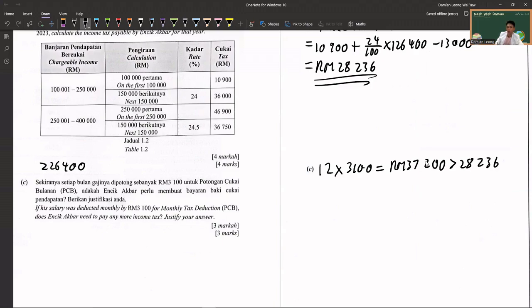So no need, because the monthly tax deduction is more than the income tax payable.